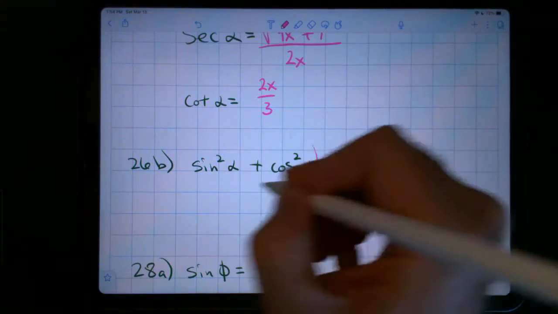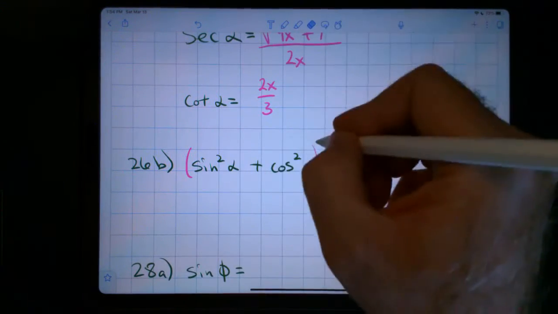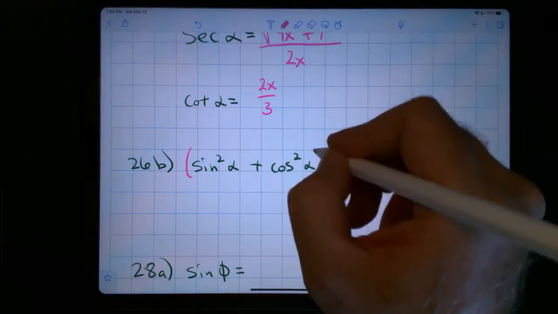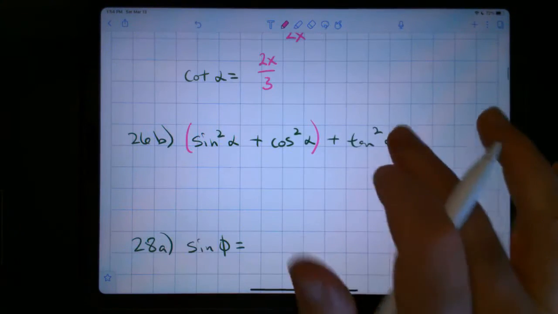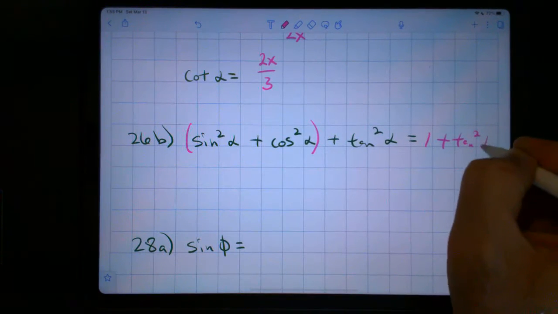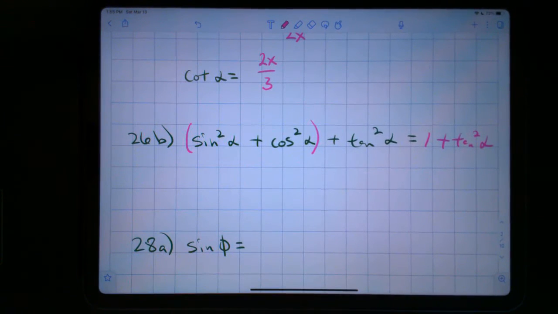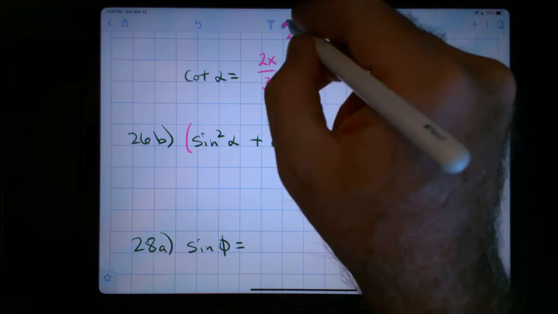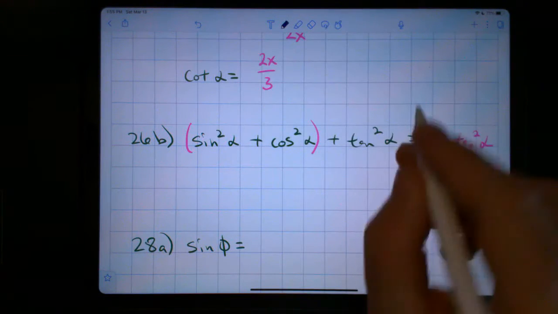Okay, well this here is equal to 1. So this is the same thing as 1 plus tangent squared alpha. And I think that's one of the identities.